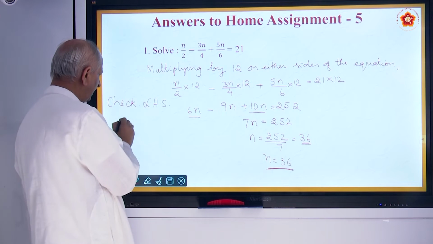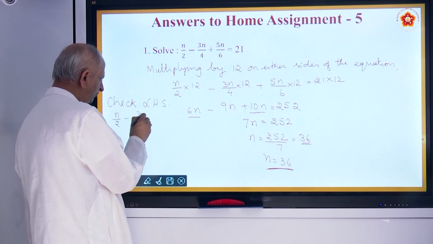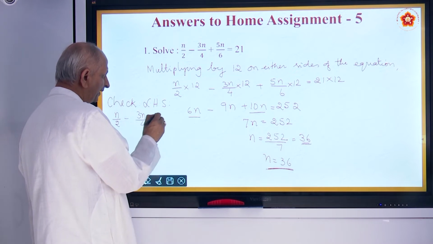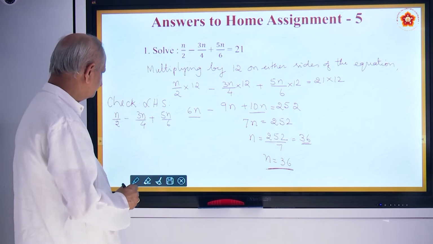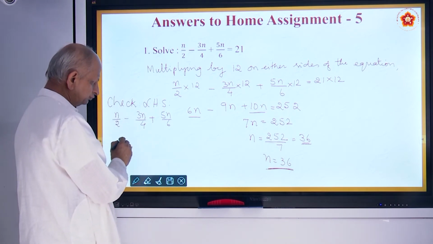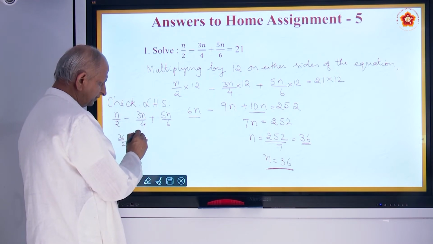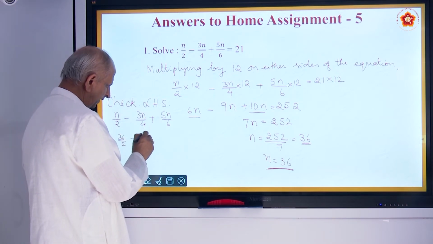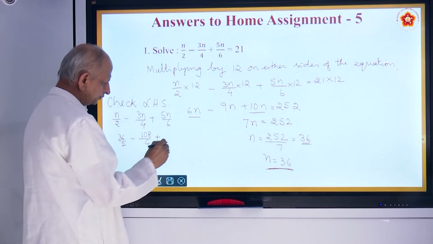What is there in the left hand side? n by 2, then minus 3n by 4 plus 5n by 6. So what is n by 2? 36 by 2. What is 3n? 108 by 4. What is 5n?